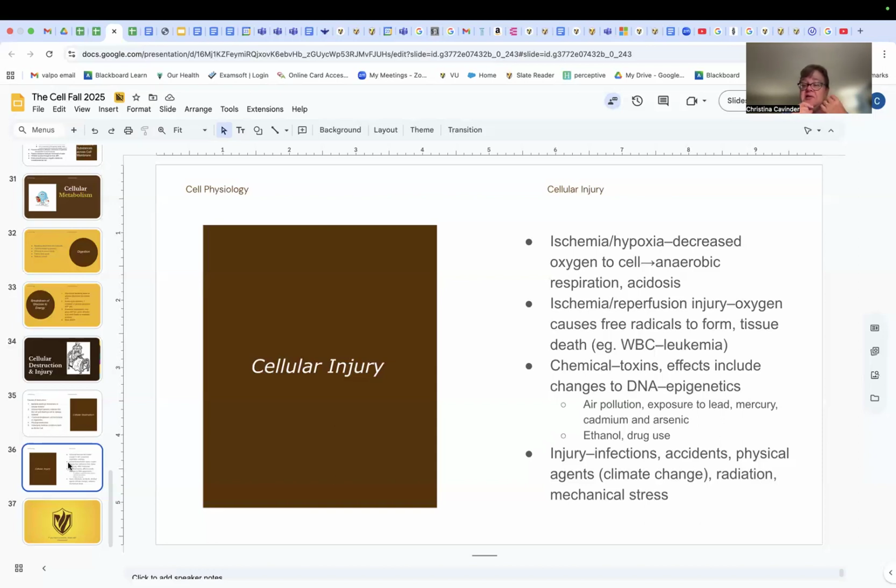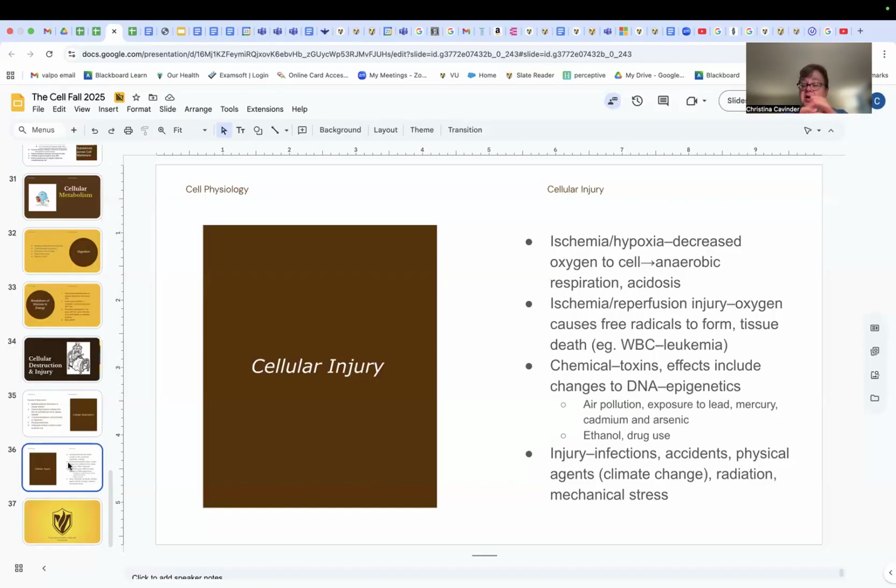Chemicals such as toxins can cause changes to the DNA. And this is called epigenetics. We're going to talk about that next week, about genetics and how all these chemicals can affect our DNA. So they'll actually change the structure of your DNA.